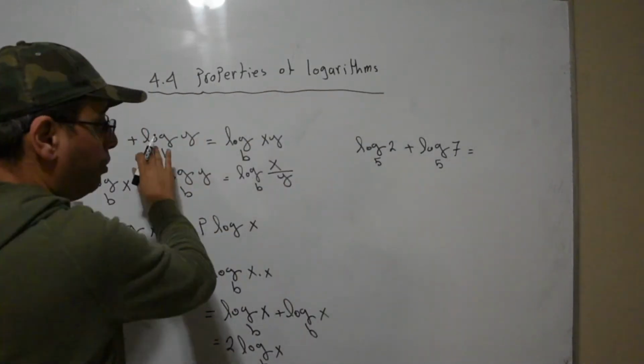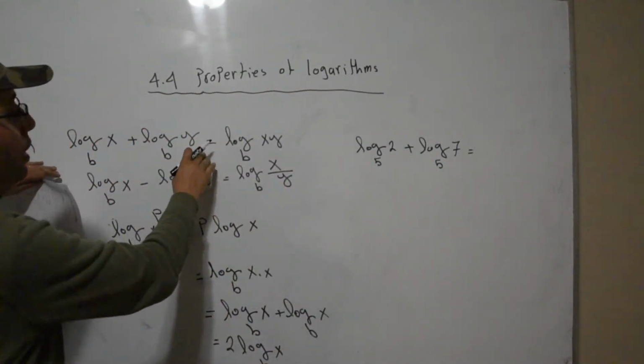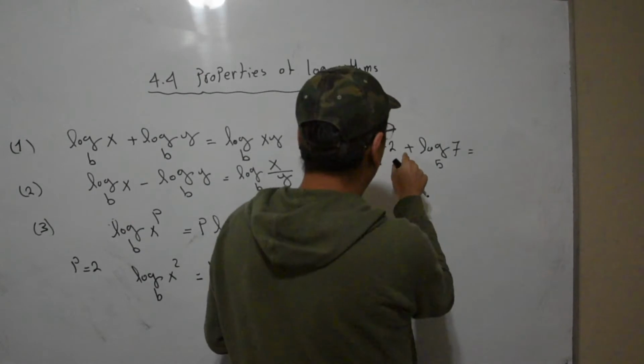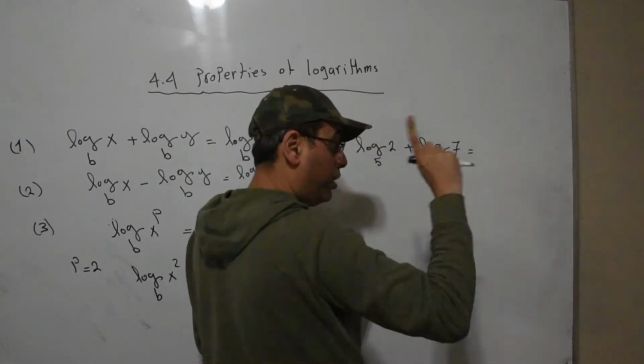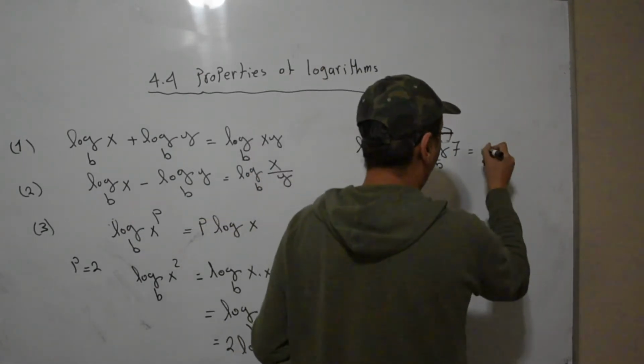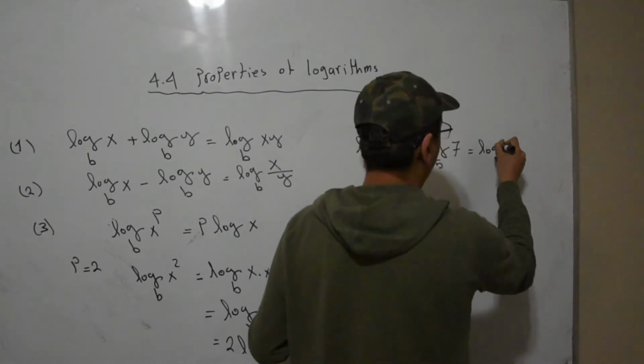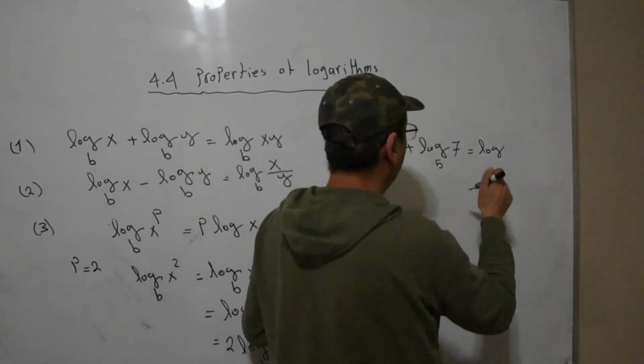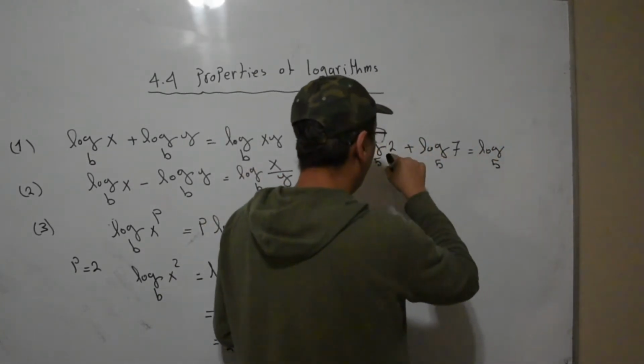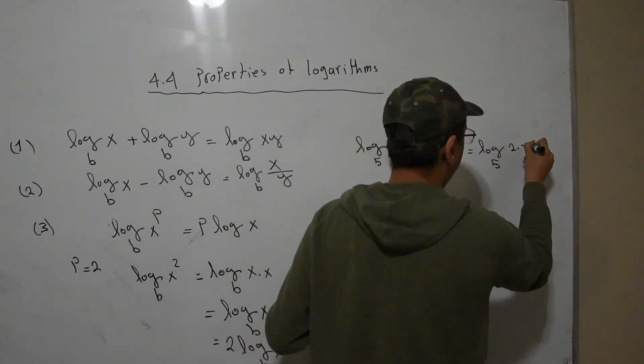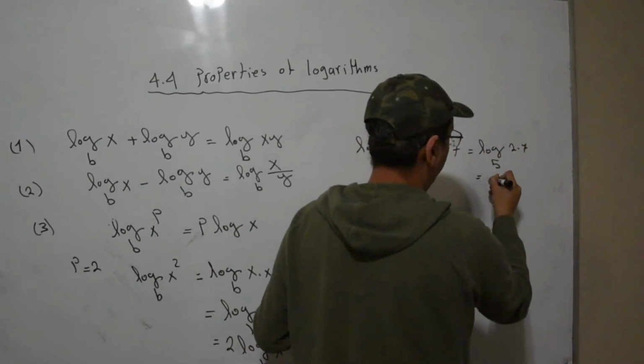So I'm going to use the first property here. The same coefficient, the coefficient is 1, same base is 5. So now I can use the first property. So log, same base, and 2 times 7, and basically 2 times 7 is 14.